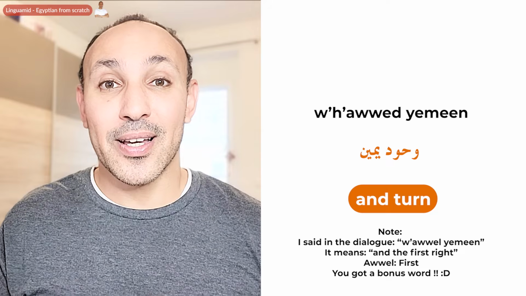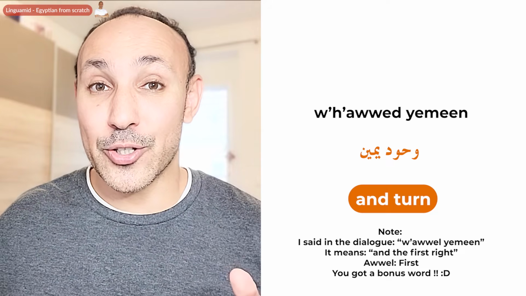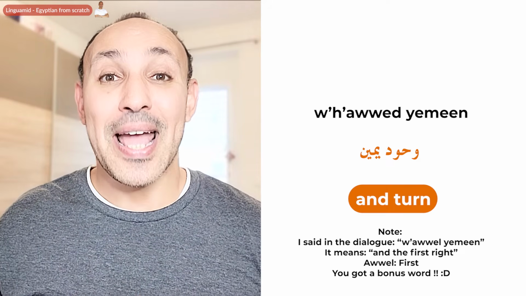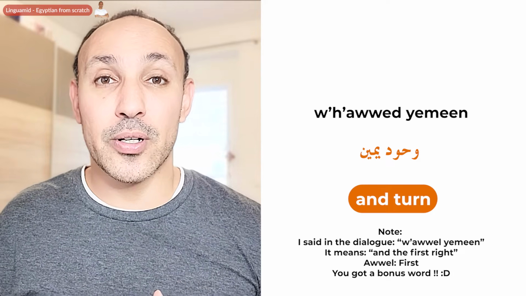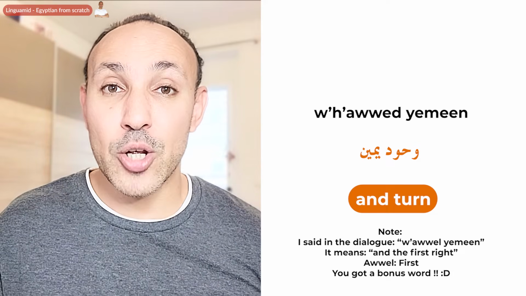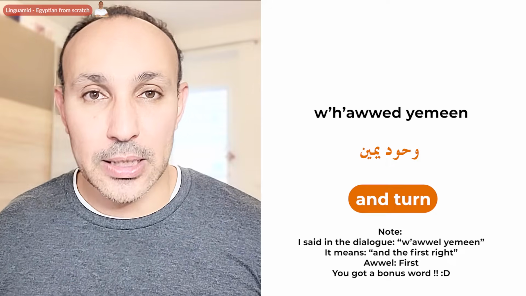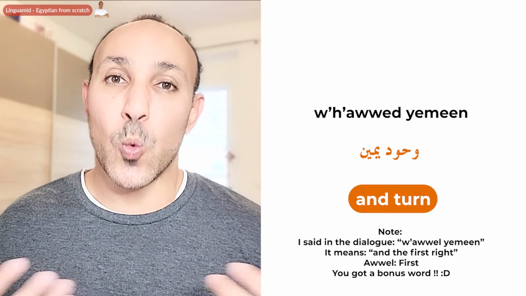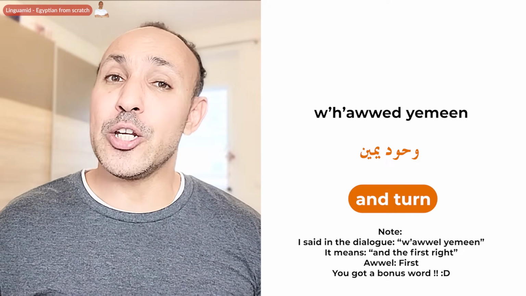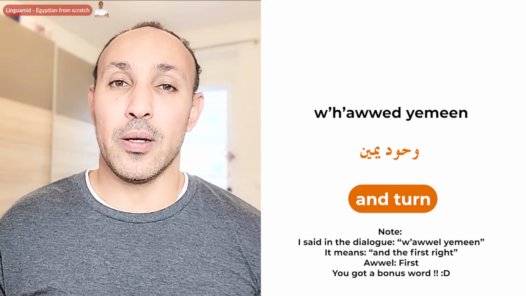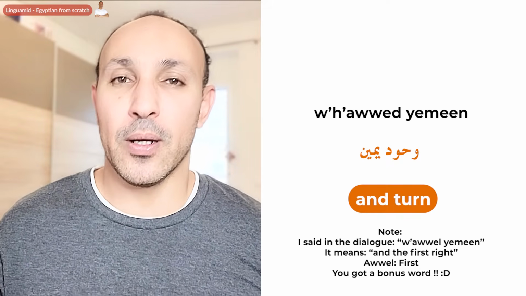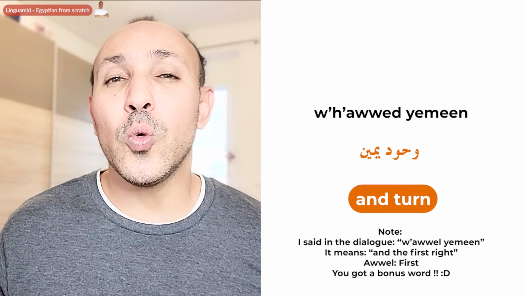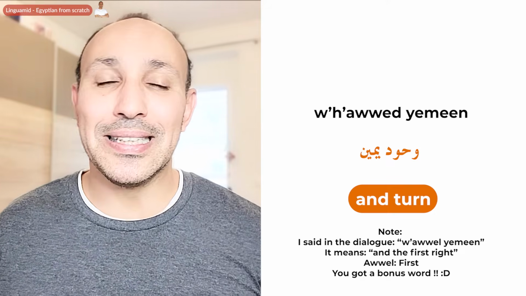Next is "and". This is a very important letter that we need to learn. It means "and", also a word. The waw letter in Arabic and in spoken Egyptian means "and" in English. In Egyptian, we usually say "w", not "wa" like modern Arabic. So امشي على طول وحود.